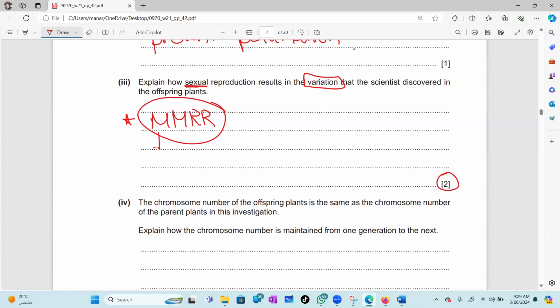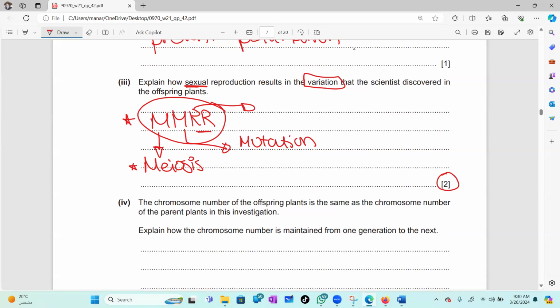The first M is because of meiosis. The combination of alleles in meiosis causes genetic variation. The second M is what? Who remembers? Mutation. Correct. Mutation, a change in the base sequence of the DNA. And then you have 2 R's. Both of them are random. They're both very easy to remember.